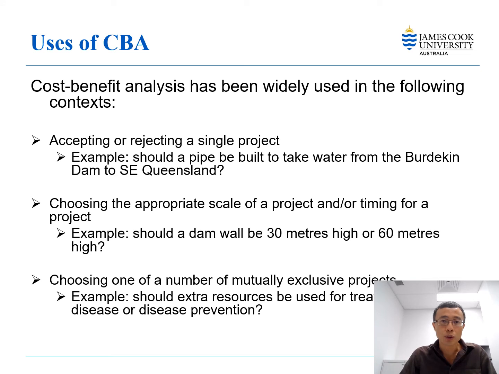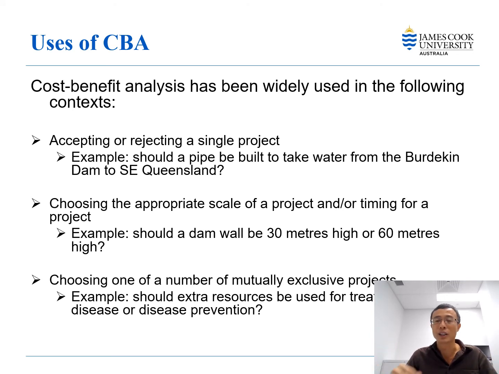You can use it to choose one of a number of mutually exclusive projects. For example, if you want to build a park on a piece of land, or you can build a residential housing project on the land. Basically, these projects use the same piece of land, so they are mutually exclusive.